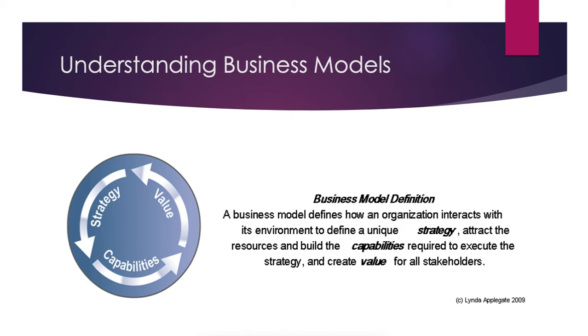IT impact on fit alignment as a source of sustainable competitive advantage: sharing real-time information and knowledge for consistency, reinforcement, and optimization of business activity and reputation. And creating shared value.